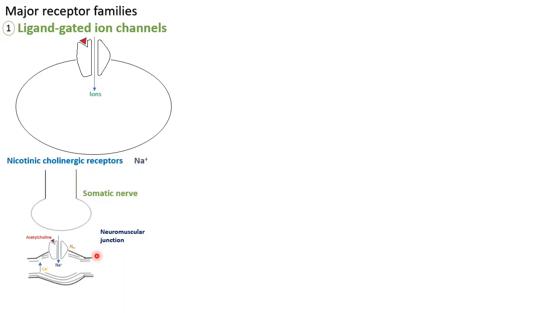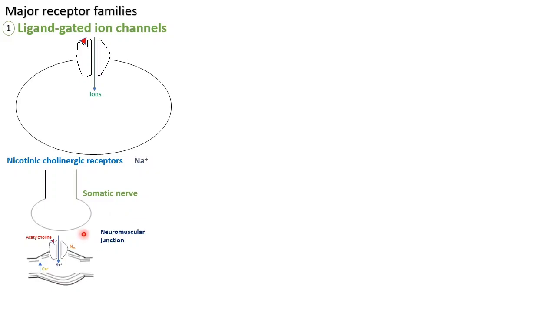So this is the nicotinic receptor of muscle, because we will learn later on that there is another type of nicotinic receptor, but not on the muscles. Okay. So at the neuromuscular junction, the somatic nerve releases acetylcholine that binds to the NM receptor, and the NM receptor is a ligand-gated ion channel receptor of sodium channel.